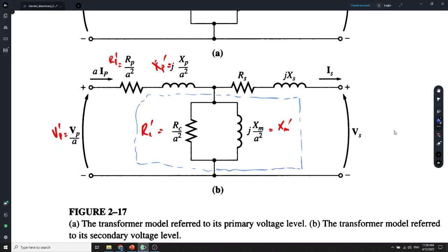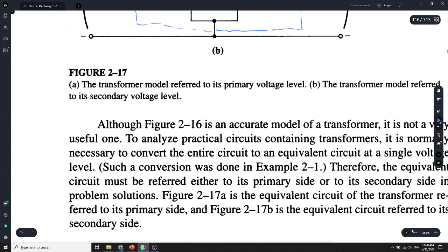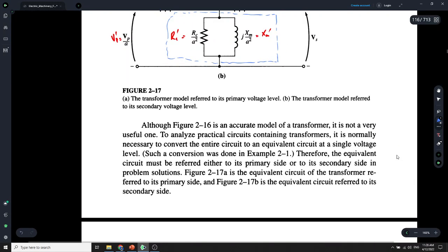This kind of part makes the circuit become complex, and then difficult to calculate. Then we need to see what we can do with this kind of parameter.